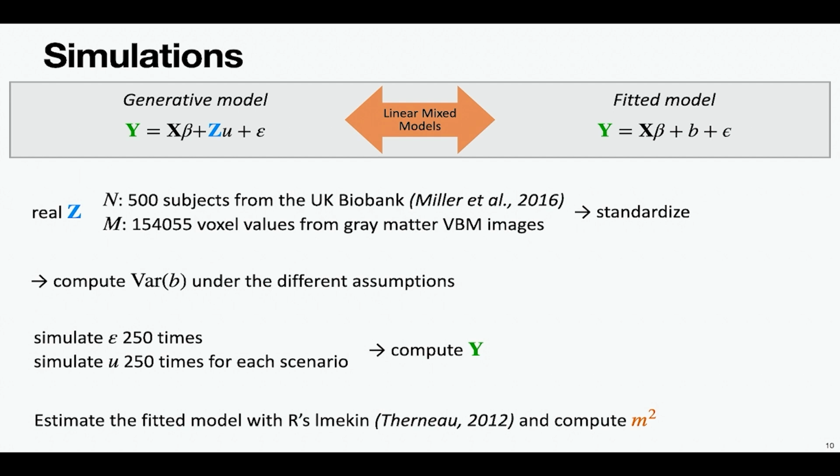And we simulated data with the generative model on the left by simulating epsilon and U 250 times for each scenario, so for each assumed parameter of smoothness. This got us a Y, so a phenotype. And then we estimated the smoothness with the fitted model on the right with the R package LMEkin.